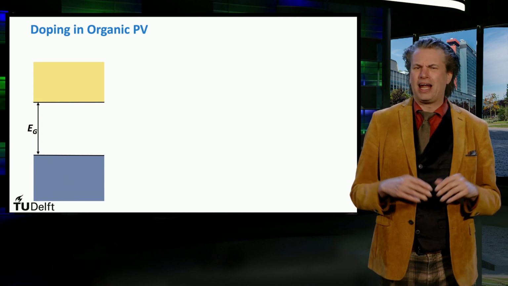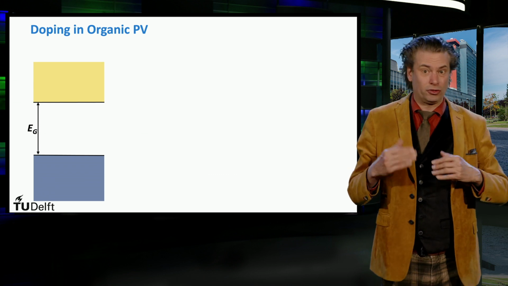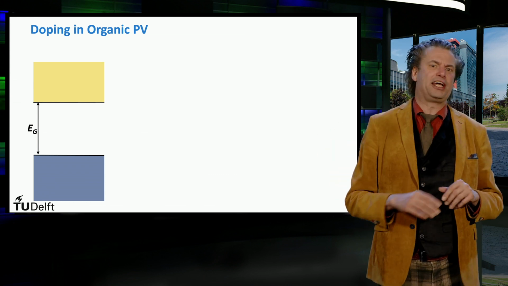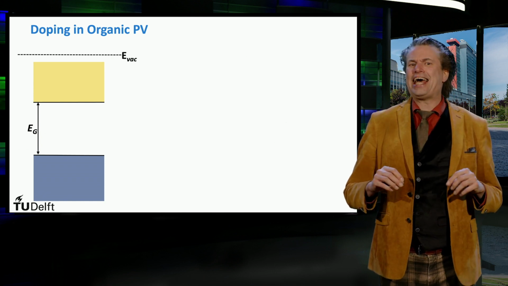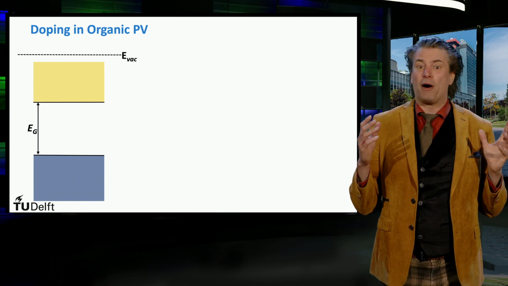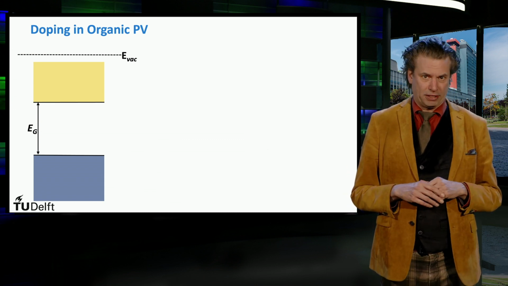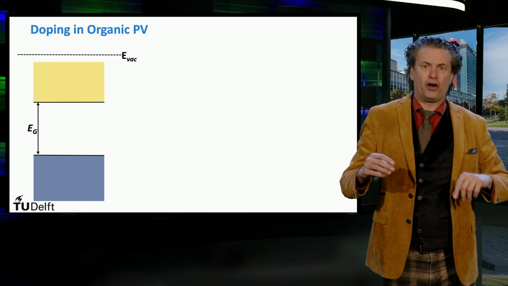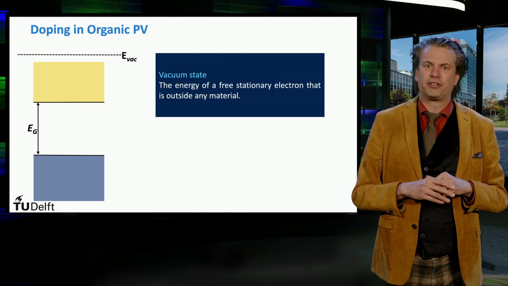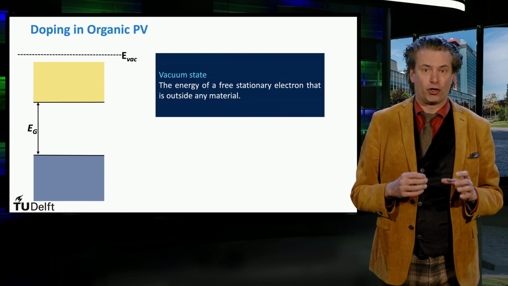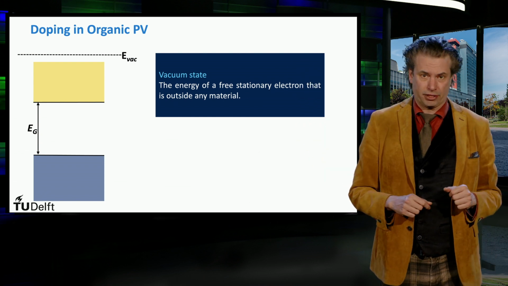At this point, let us recall some definitions that will help us understand the concept of doping and charge separation in organic solar cells. As you already know, the energy band diagram gives a picture of the conduction and valence bands along with the band gap of a material. In addition to this, it also shows us the vacuum state. Electrons in a material are naturally bound with the surface of the material and cannot freely diffuse into the free space around it.